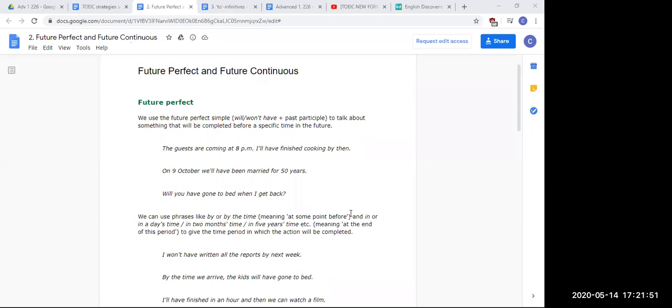Okay, Carmen, it's nearly right. So Carmen, you have, "I will have the finish working at 8 p.m.," but we need the past participle. So not "the finish." What's the past participle of finish? So finish is a regular verb.